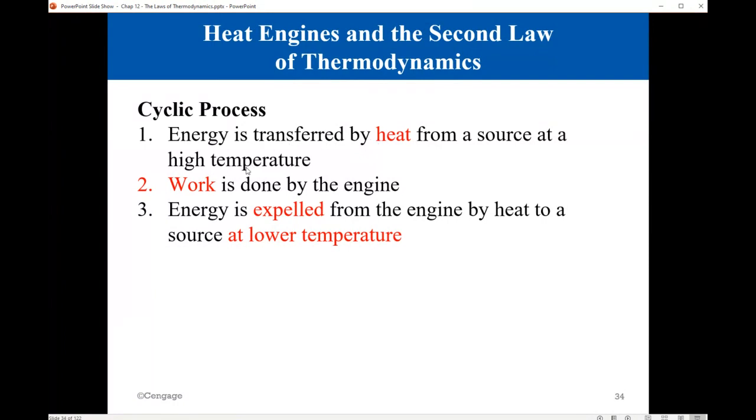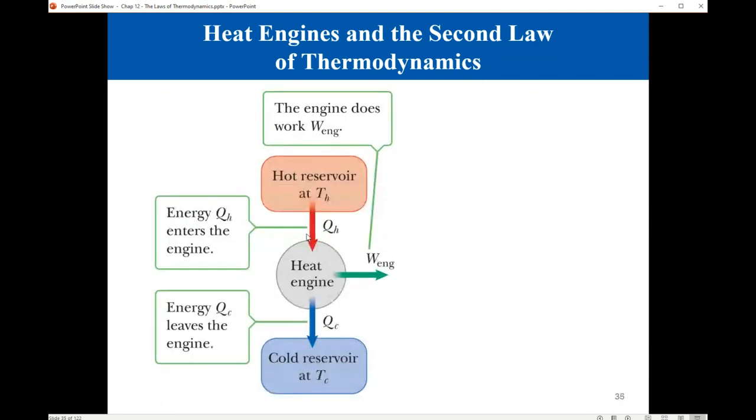Part of that heat is used to do mechanical work to move the car, and the remaining part is expelled through the exhaust to the surroundings, which is the atmosphere, at a lower temperature than the engine. That is a typical system. That is a cycle that repeats over and over again.